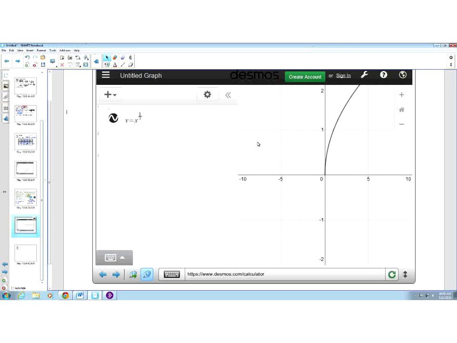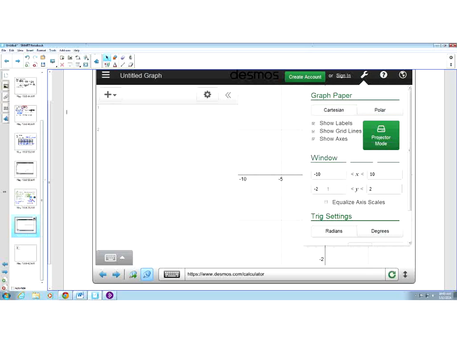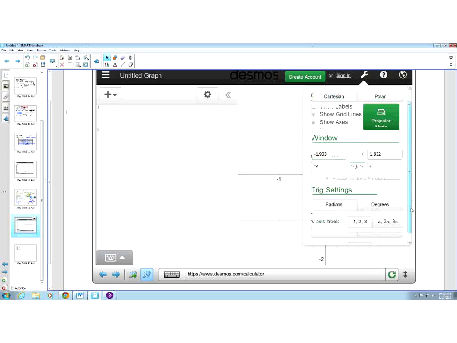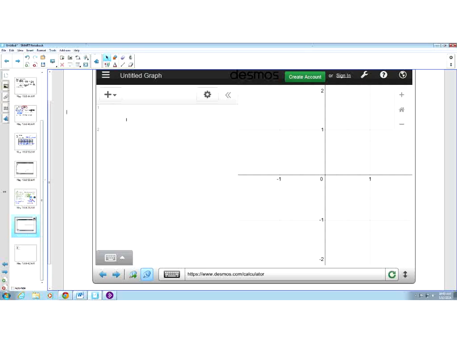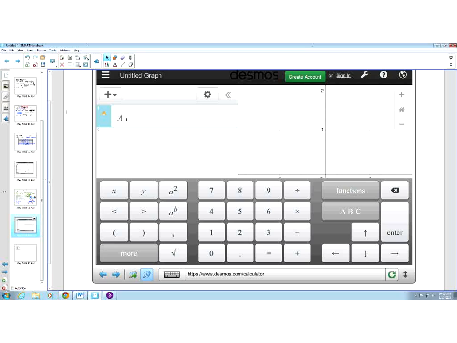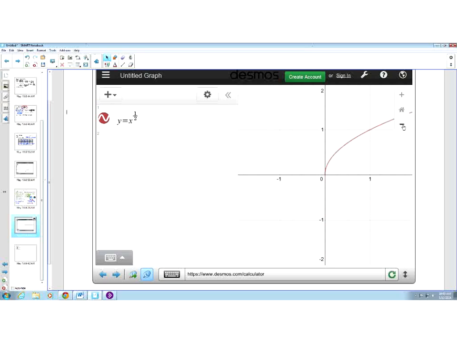Let me get rid of this. Okay, so it'll equalize the x-axis. Okay. So y is equal to x to the 1/2, the square root function. So it's shown in red here.